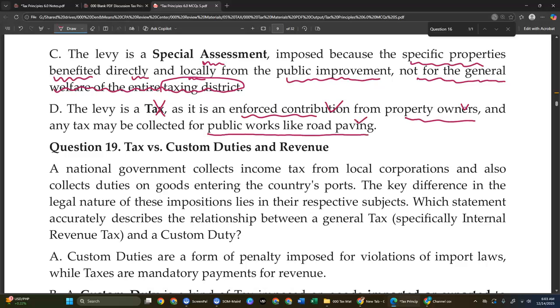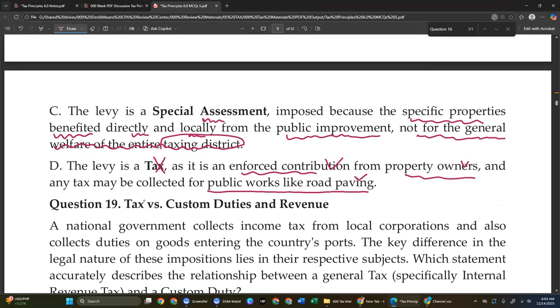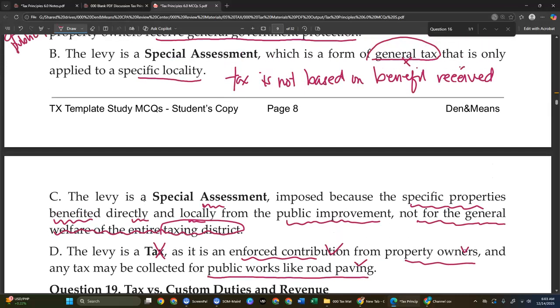Here it's called a tax, and that is what makes it wrong. So among the choices, only letter C has passed the correct identification, which is special assessment, and the explanation that supports that type of levy.